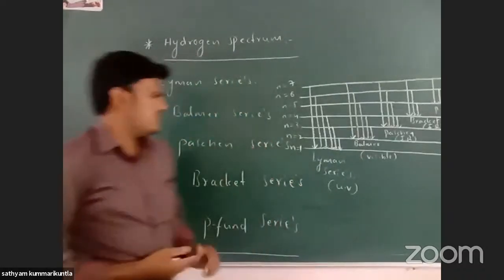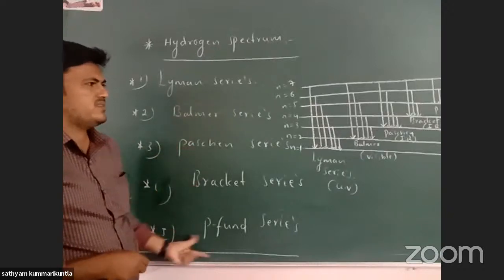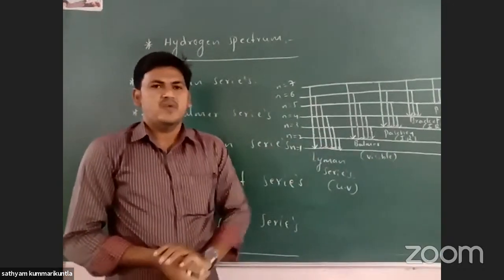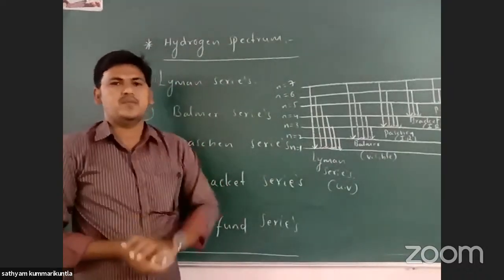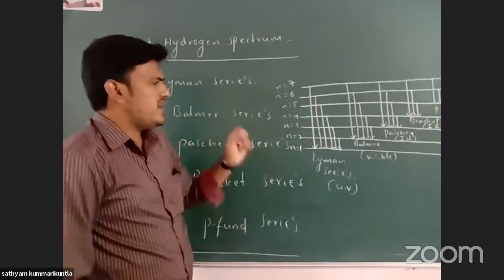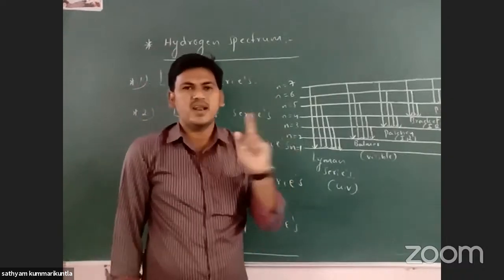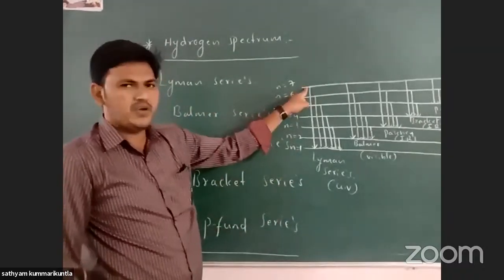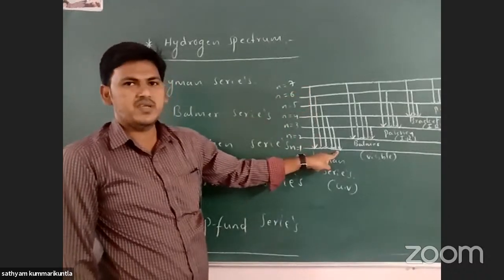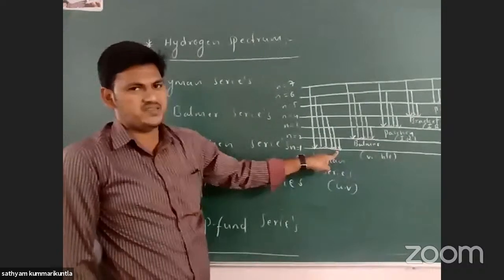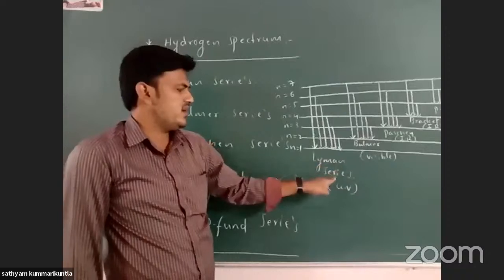So first of all, five series: Lyman, Balmer, Paschen, Brackett, Pfund series, and spectral lines. What is meant by Lyman series? Very simple. The transition of an electron from any higher orbit level to n equals 1 produces spectral lines in the UV region, which is called Lyman series.